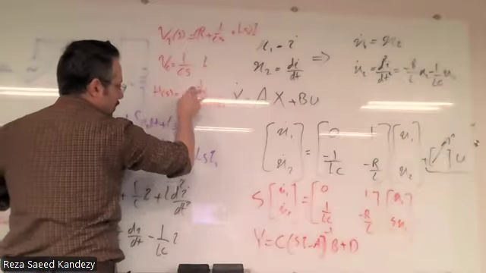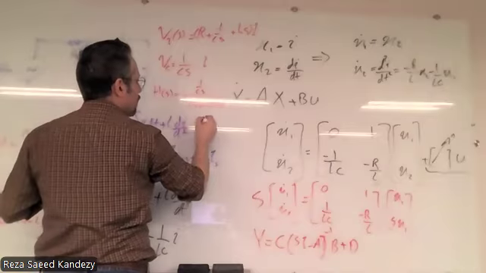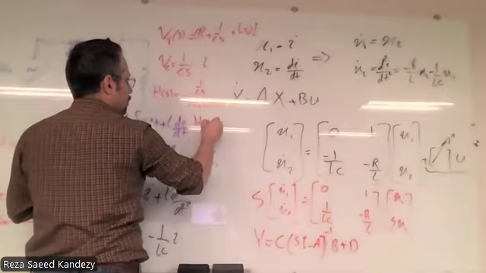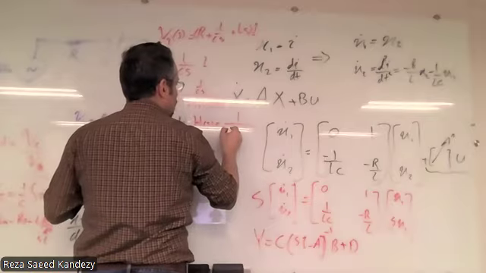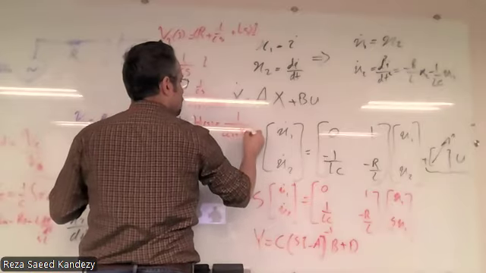If you do the diligent work of bringing this CS down, you're going to find that the H of S eventually becomes 1 over LC s squared plus RCs plus 1.